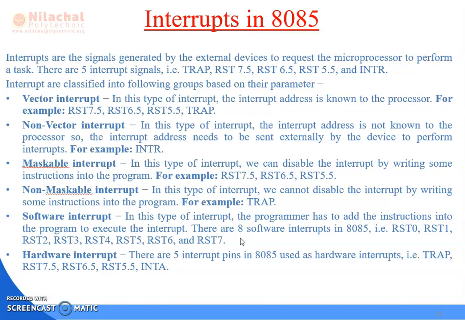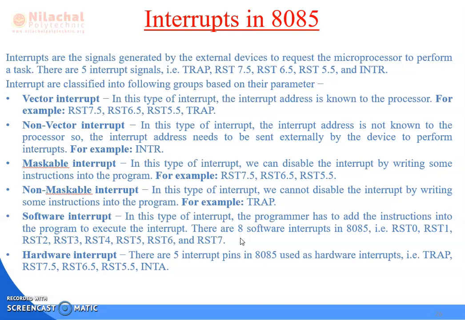In this type of interrupt, we can disable the interrupt by writing some instructions into the program. For example, RST 7.5, RST 6.5, RST 5.5. Then non-maskable interrupt. In this type of interrupt, we cannot disable the interrupt by writing some instructions into the program. For example, TRAP.